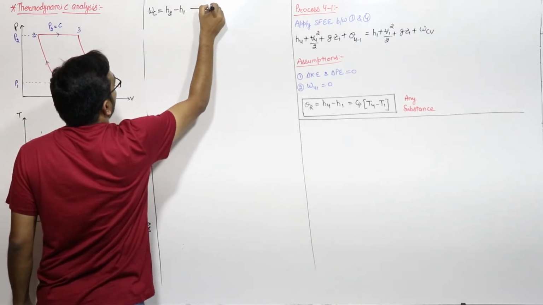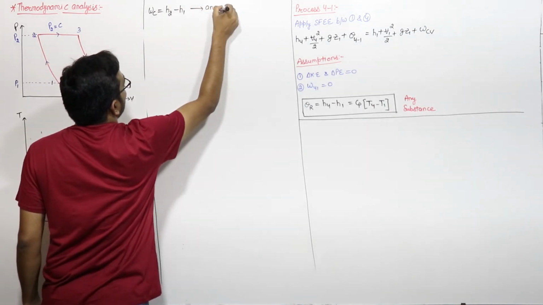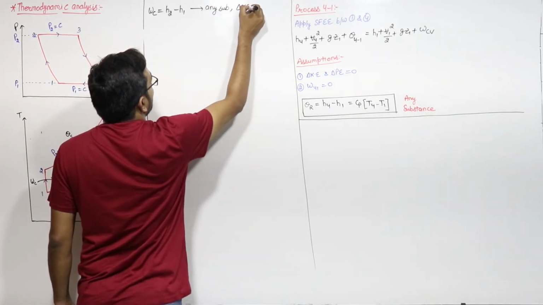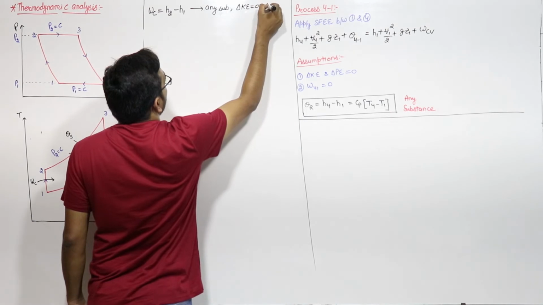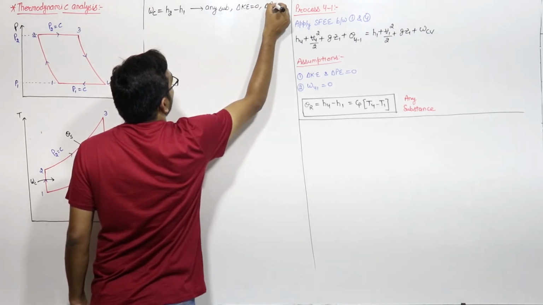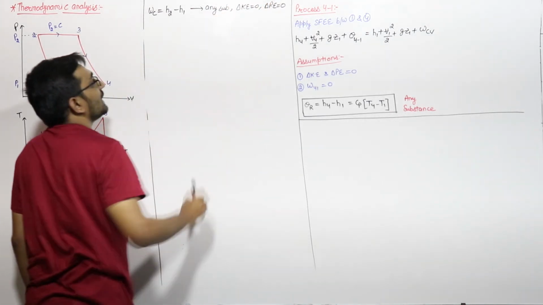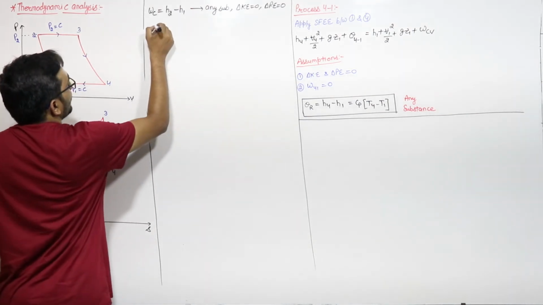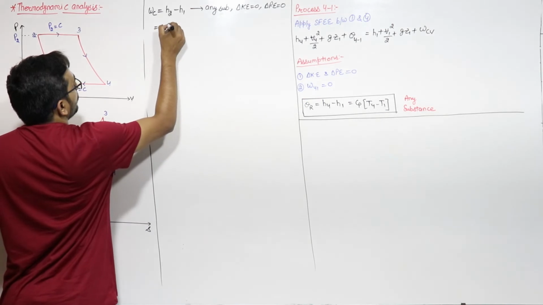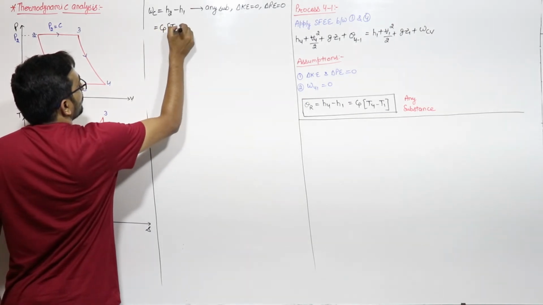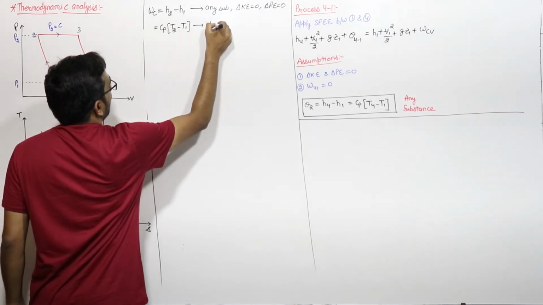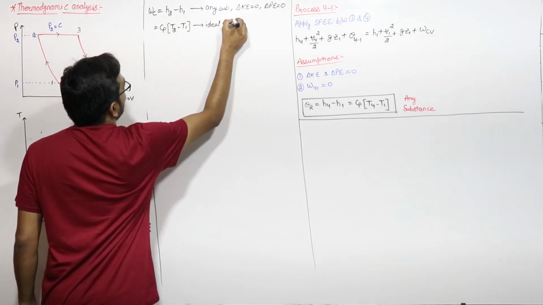This is for any substance. Changes in kinetic energy 0, changes in potential energy 0, adiabatic process, right? This can be equal to Cp into T2 minus T1 for an ideal gas, only for an ideal gas.